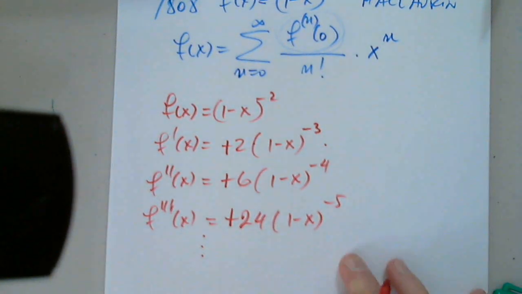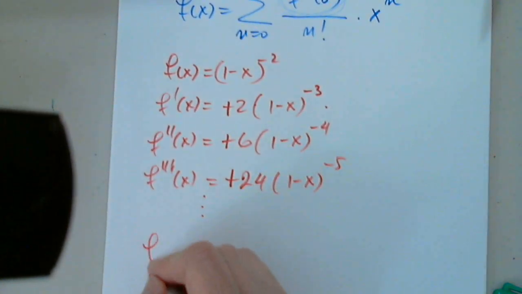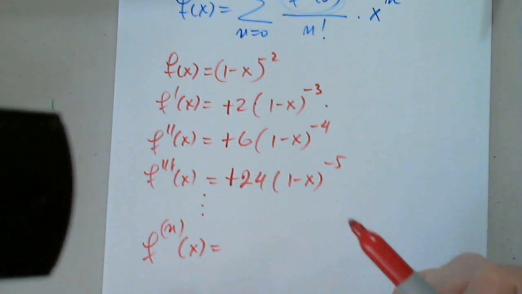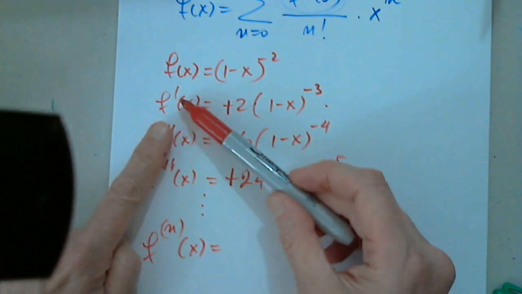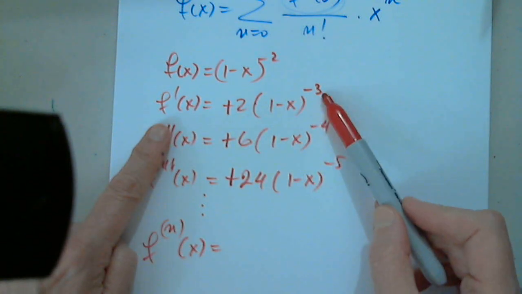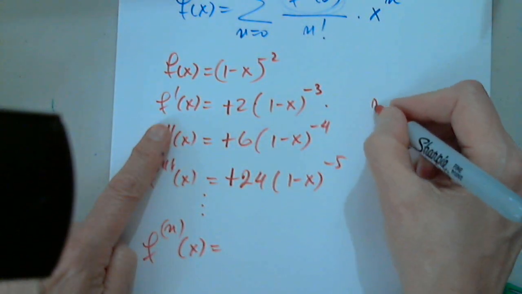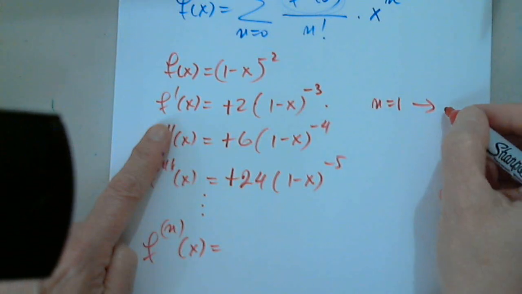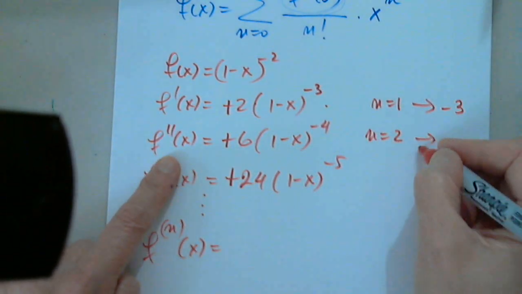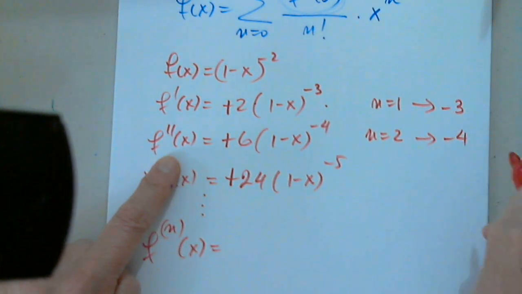And now let's see if we can come up with the nth derivative of this function. When we differentiate the first time, the power is negative 3. So when n equals 1, the power is negative 3. When n equals 2, the power is negative 4.